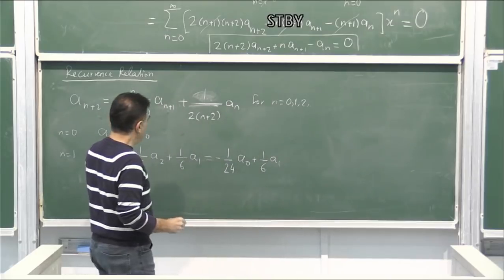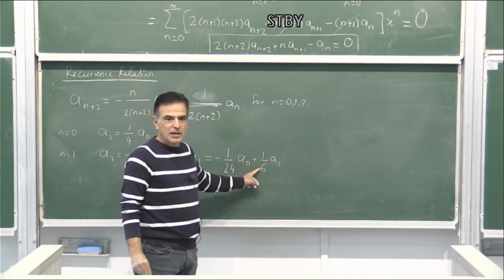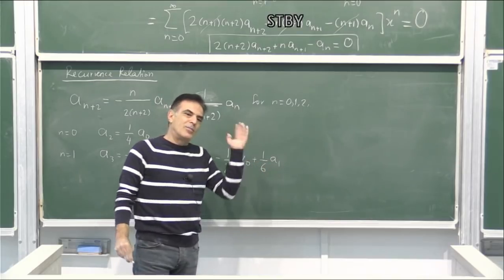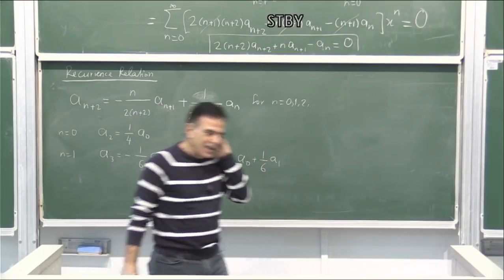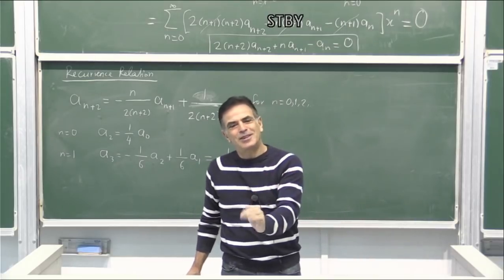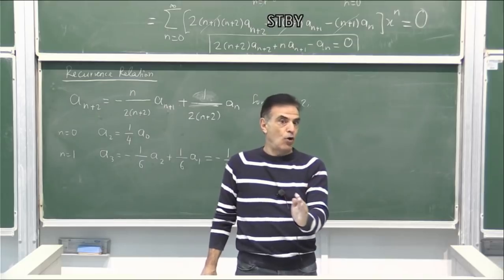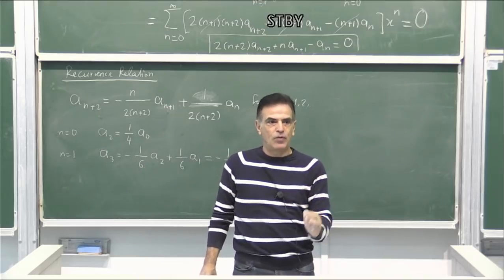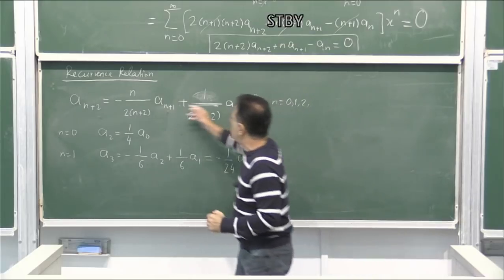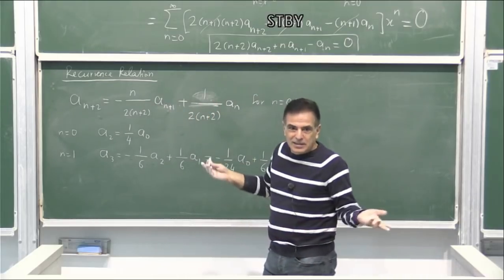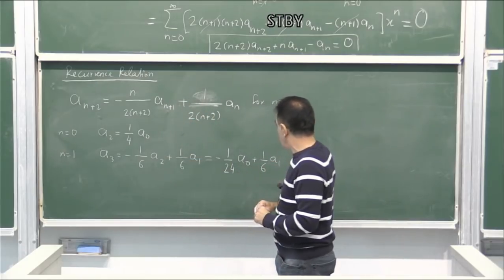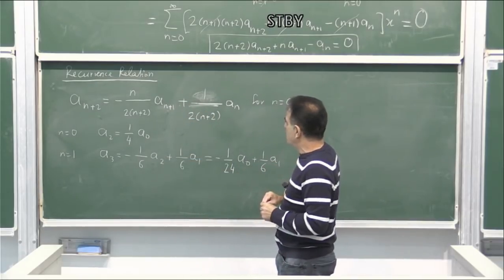So a3 is expressible in terms of both a0 and a1. In the previous examples, recall that even index terms are all expressible in terms of a0, and odd index terms are all expressible in terms of a1. But in this example, this is not the case, a little bit more complicated. Not complicated, but it gives a result which is more complicated than the previous examples.